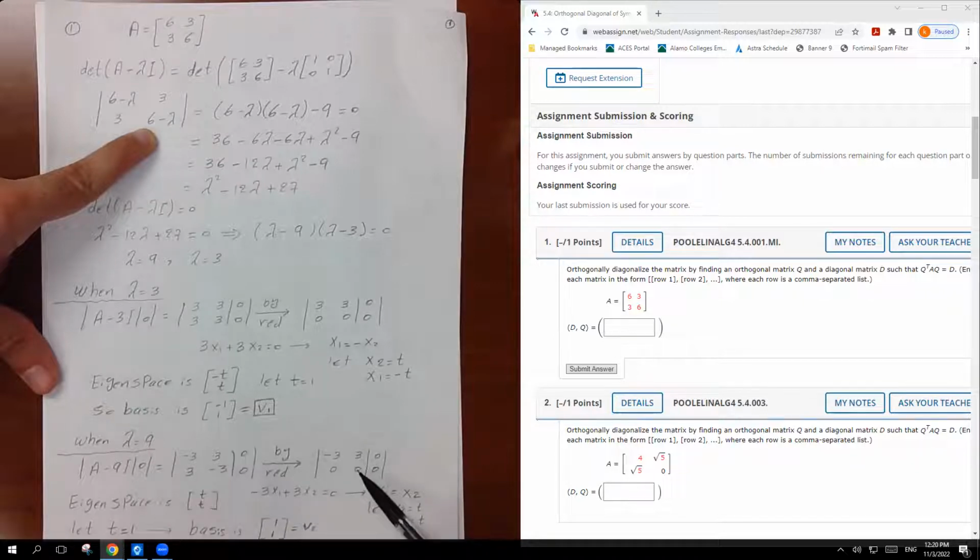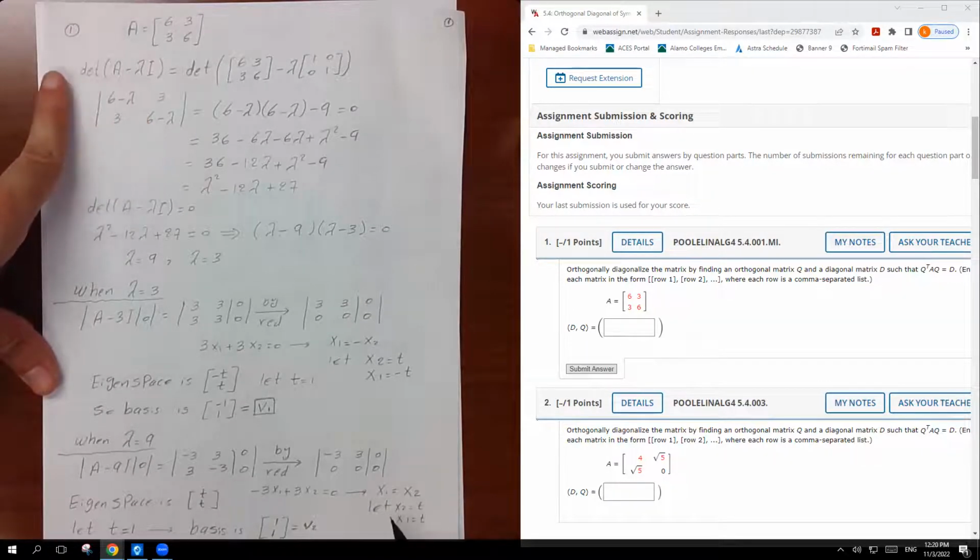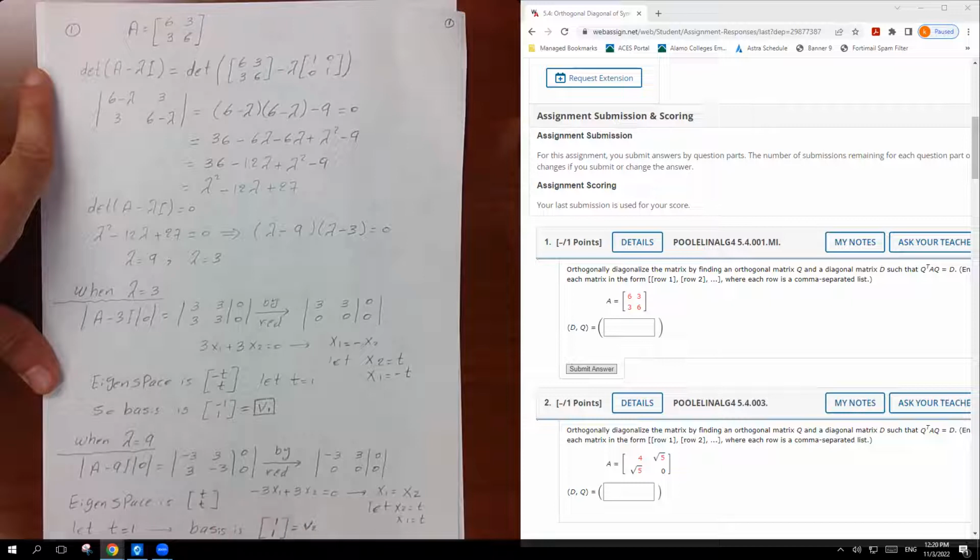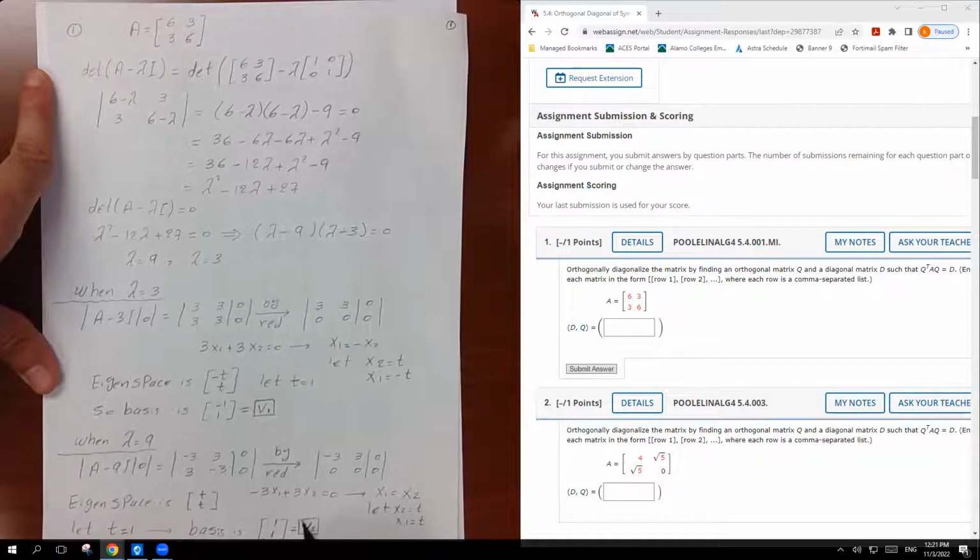Add these together, it's going to be 0. So negative 3x1 plus 3x2 equals 0. That means x1 is going to be equal to x2. We let x2 equal t, so x1 is t. That means the eigenspace is t and t. We let t equal 1. Now this is the span, and the basis is 1 and 1. I'm going to let this one equal v2.